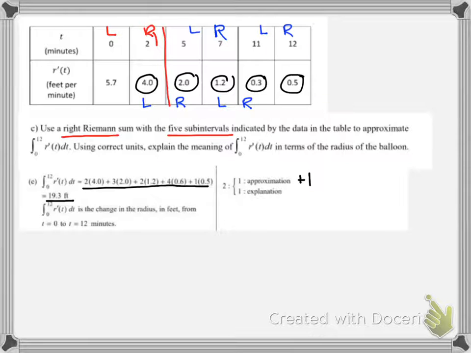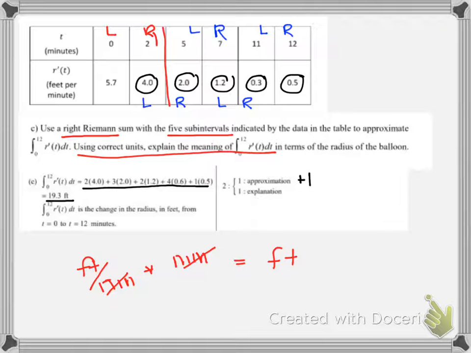And then you were asked, using correct units, explain the meaning in terms of the radius. So if we are summing up feet per minute times minutes, of course the minutes will cancel out and we'll just be left with feet. So that's going to be the change in the radius from 0 to 12 minutes.